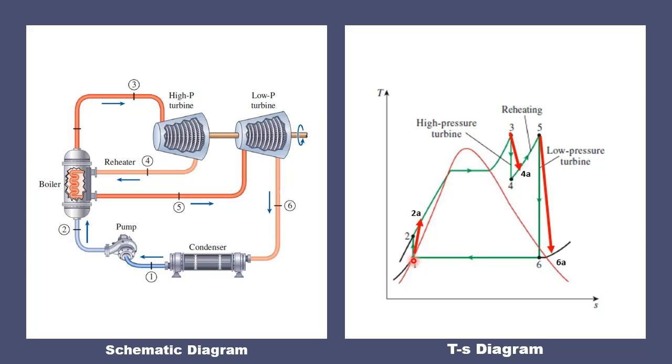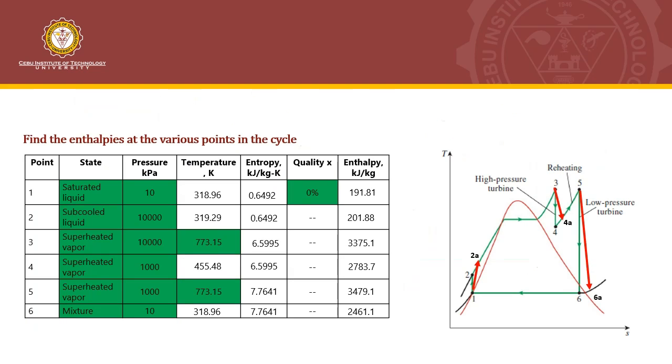Because of this deviation, we need to compute the value of H2A, H4A, and H6A. From the previous calculation, we already obtained the enthalpies at points 1 to 6 of the ideal reheat Rankine cycle. So we will just simply use these values to solve H2A, H4A, and H6A.